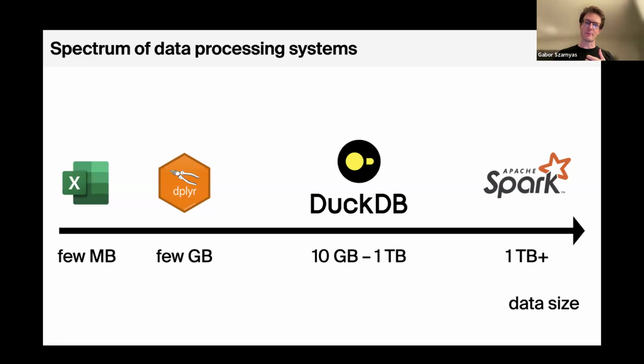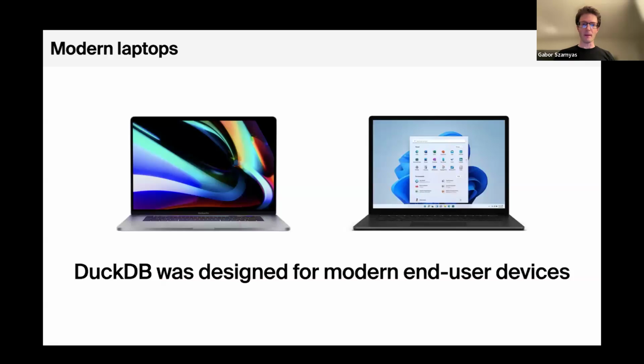And in this talk, I will explain why DuckDB works, why it can be created now, and why it wasn't possible 10 years ago, and why it works well with R. So the answer to the question of why it wasn't possible 10 years ago is because 10 years ago, laptops were pretty slow, and DuckDB is really something that's designed for modern end-user devices.